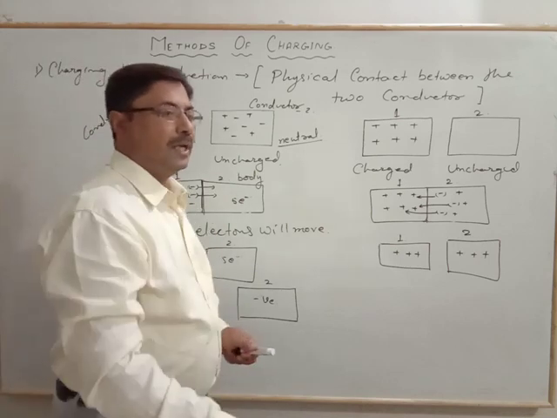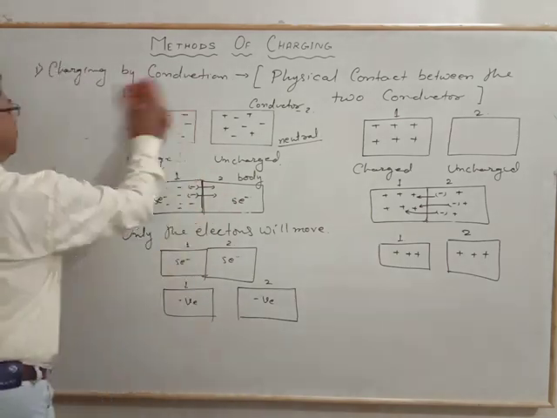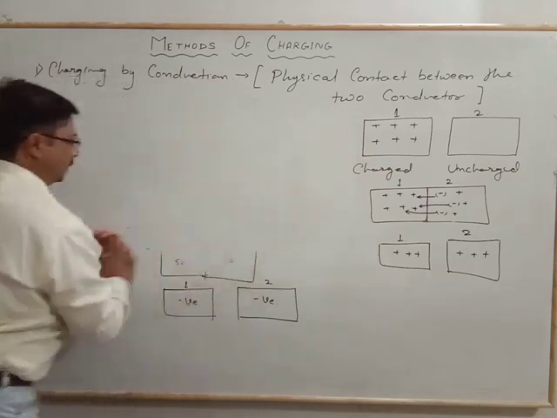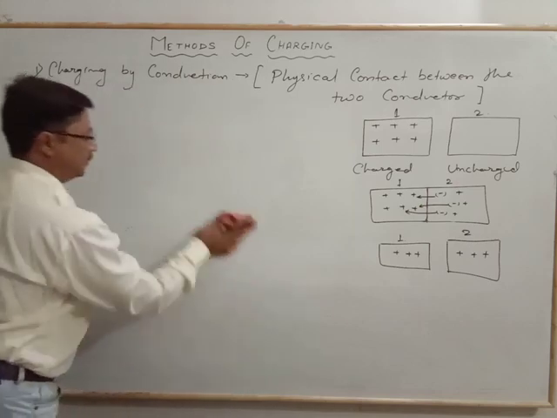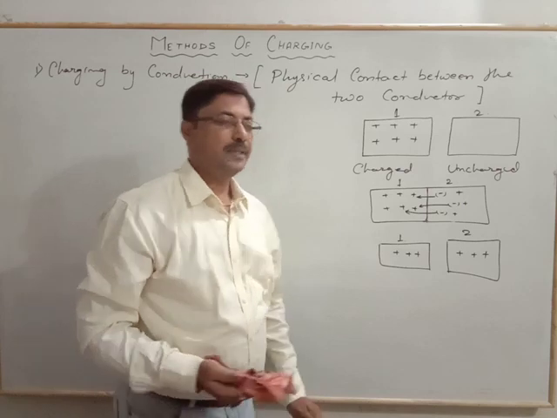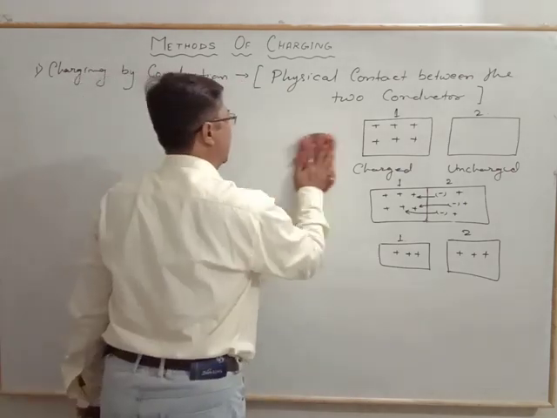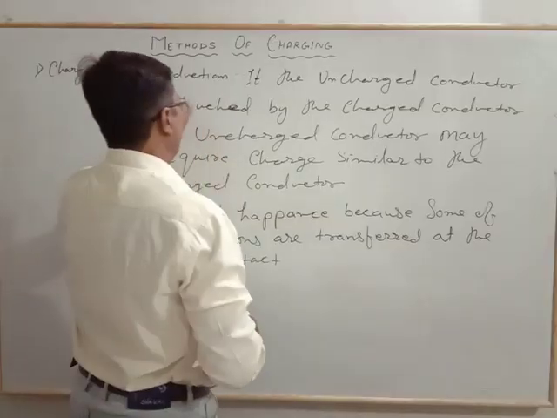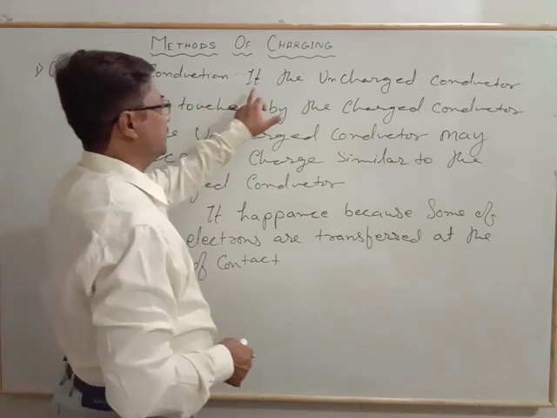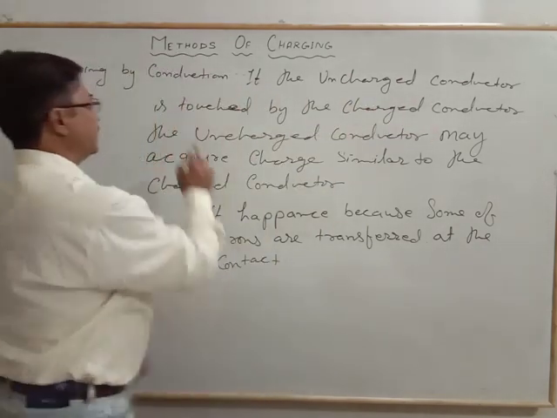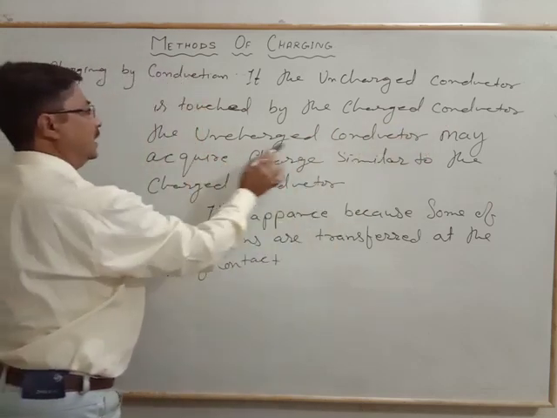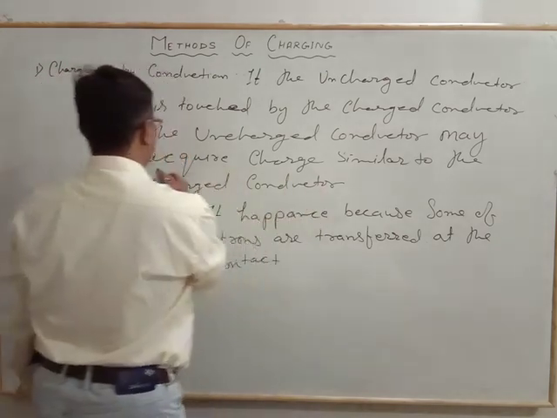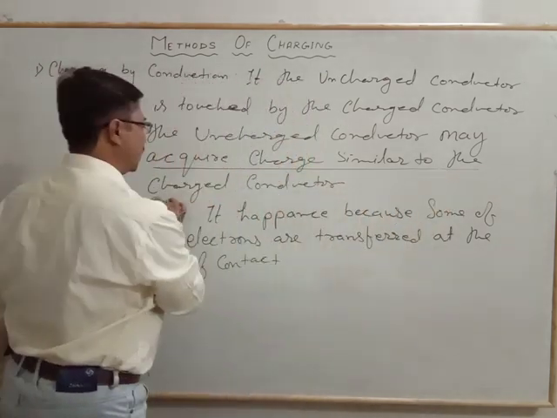Now in this way we will write: if an uncharged conductor is touched by a charged conductor, the uncharged conductor may acquire a similar charge to the charged conductor.